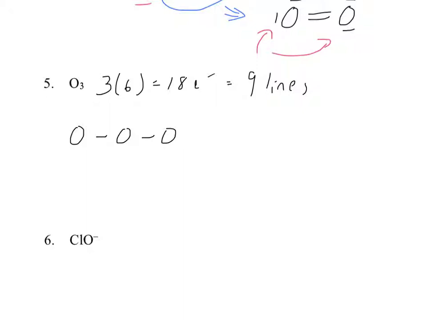We've used 2 lines, 3, 4, 5, 6, 7, 8, stick a 9th in somewhere, and we'll find out that this oxygen has 4 lines.